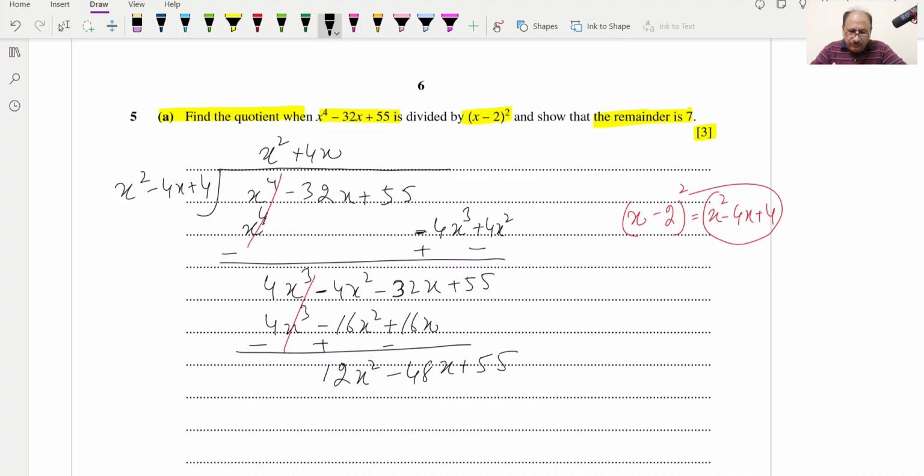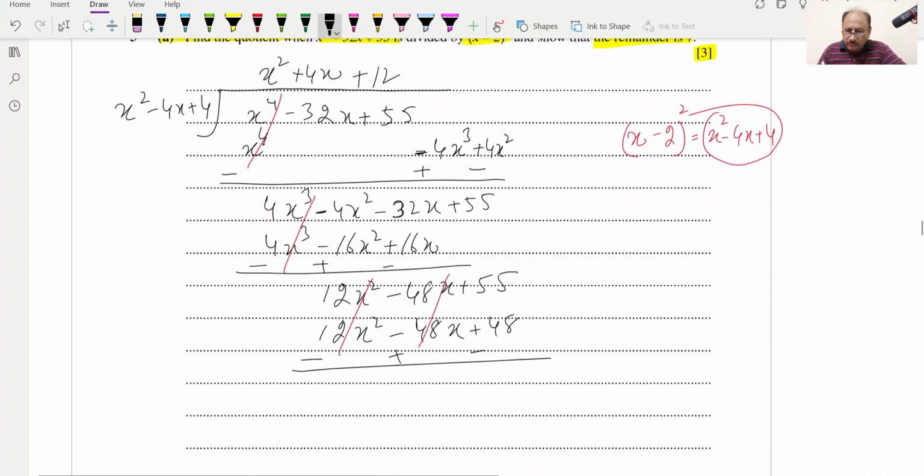Now we can further divide by 12, so plus 12, and this will be 12x² − 48x + 48. Change signs, and we can cancel this one, and even this one can be cancelled, and the remainder will be over here. 55 minus 48 will be 7, so this is the remainder which we were supposed to find.